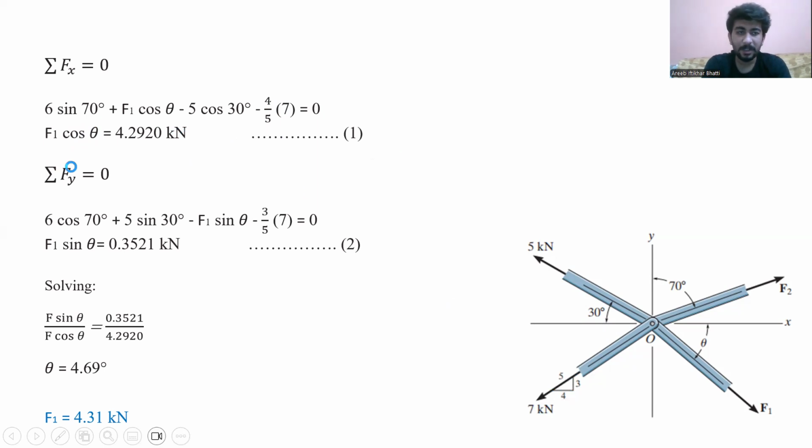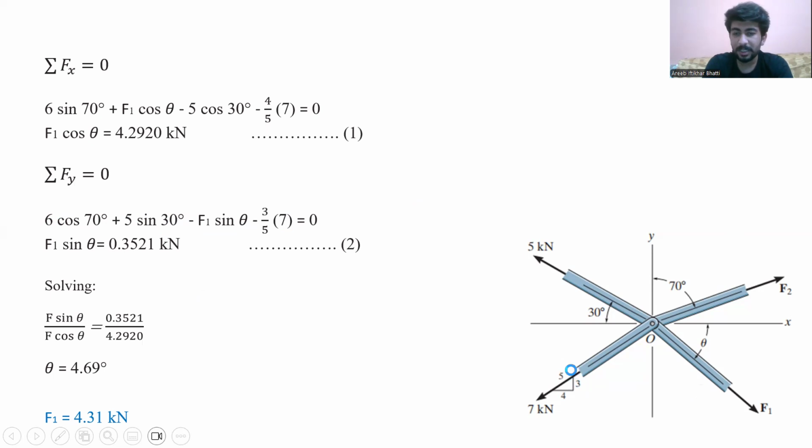And if I assume that the sum of forces in the y direction is equal to 0, I get this 6 kilonewton force with the horizontal component angle 70 degrees plus 5, this is the vertical component, sine angle 30, minus F1 sine theta, minus, you see, basically sine is equal to perpendicular over hypotenuse.